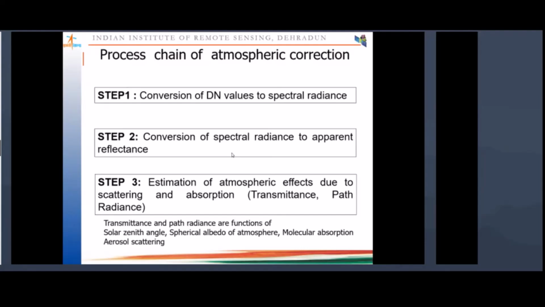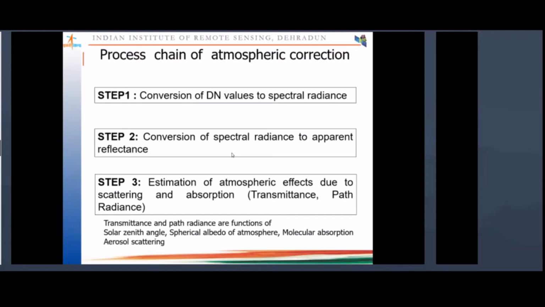Now this energy, which has gone through the atmosphere, altered in its magnitude and its direction, reaches the target, and what does the target do? As I said in the very beginning class also, we will be dealing with optical remote sensing in our webinar series.